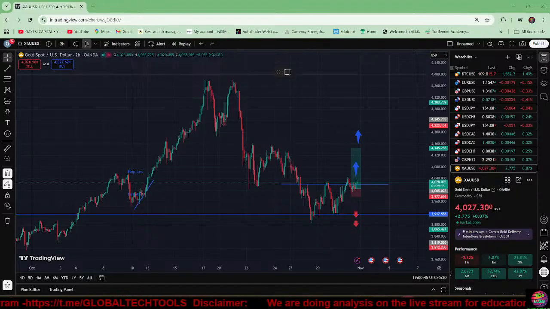The moment we close above that lower high, this market has now changed from bearish to bullish. So then this will become the new highest high point, and then this will become the new highest low point because the market trend has now shifted. And again, I'm going to get into a lot more detail later in the video. I want you guys to understand how to spot a trending market.